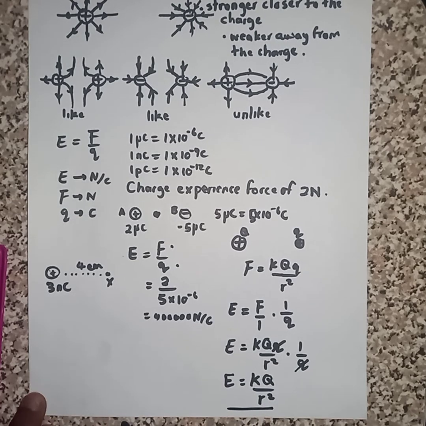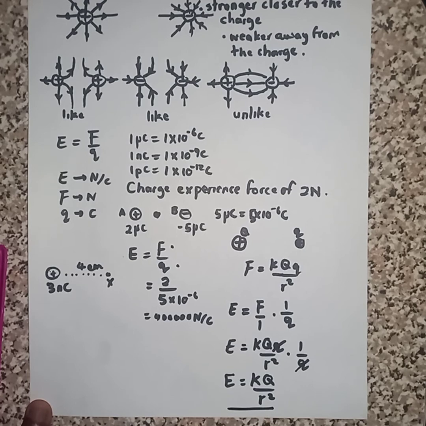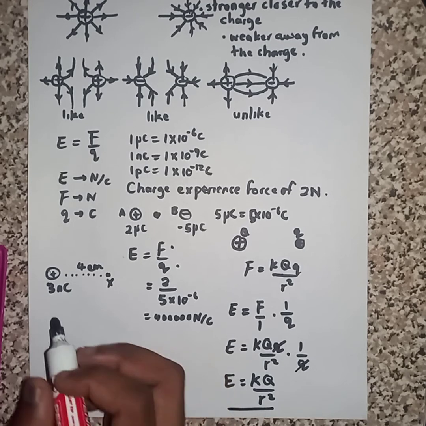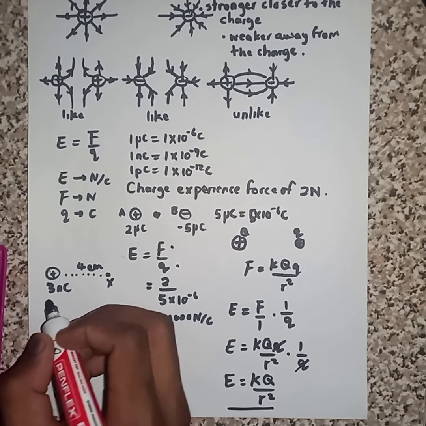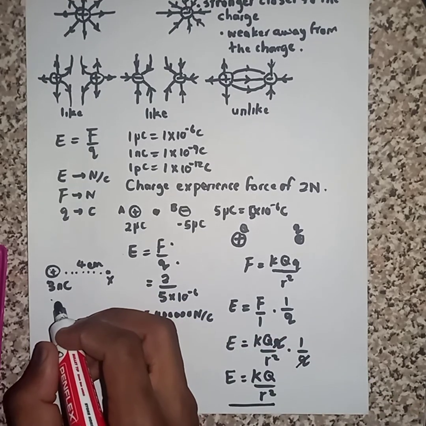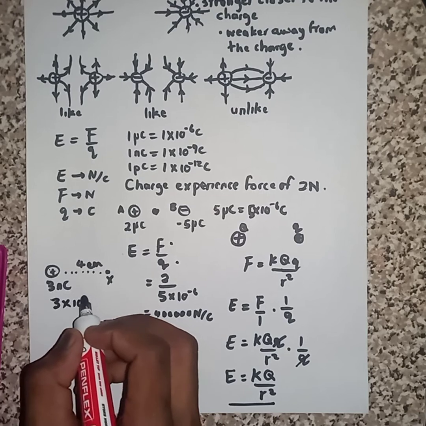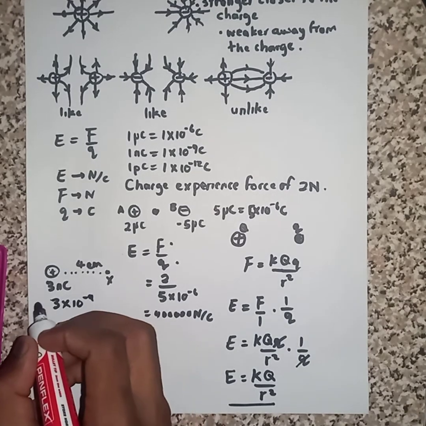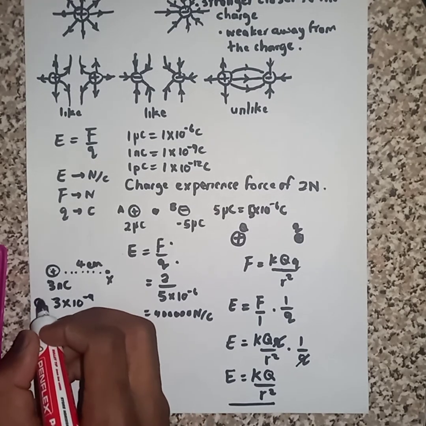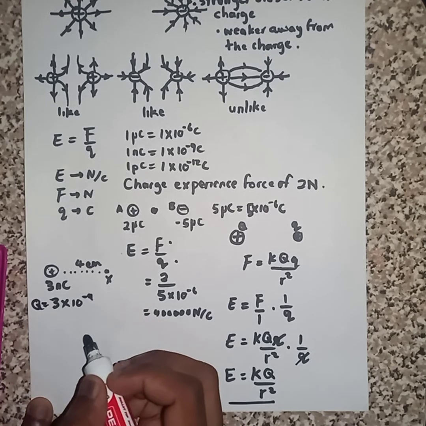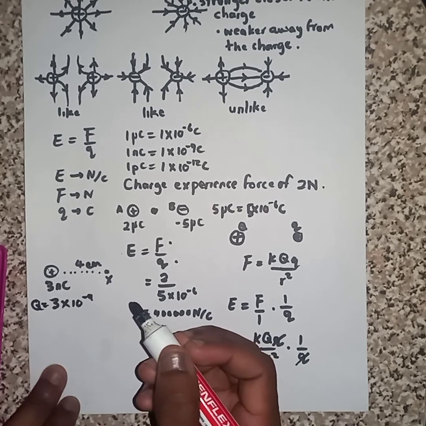Then from here, obviously we are going to start by converting everything, which is going to be 3 multiplied by 10 to the power of minus 9 for our Q, obviously. Then coulomb.